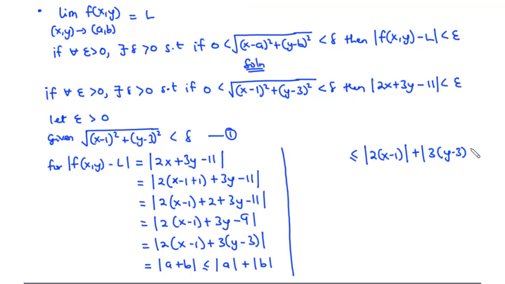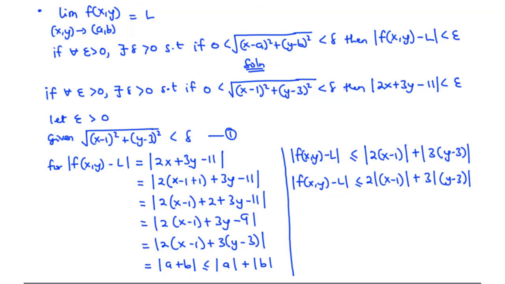Okay, and notice that on the left hand side we have the absolute value of f of xy minus L, and again we can pull out the constants so that we have the absolute value of f of xy minus L is less than or equal to 2 times the absolute value of x minus 1 plus 3 times the absolute value of y minus 3.